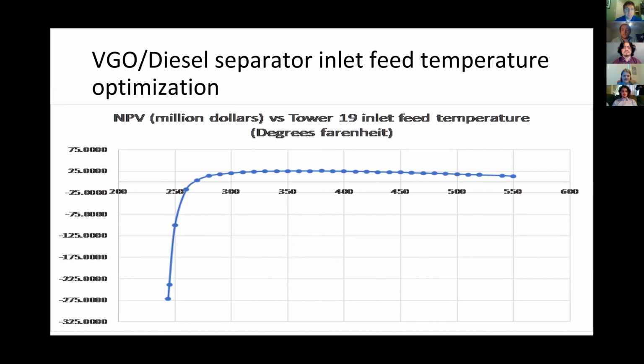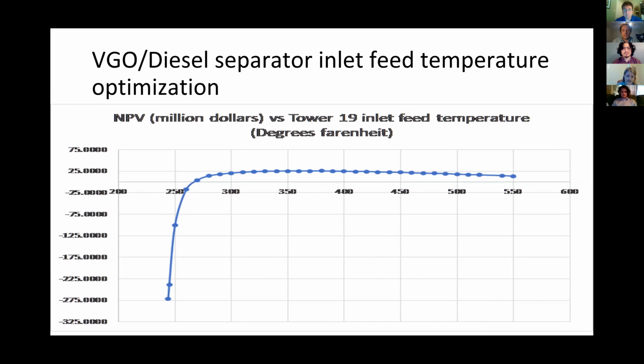And as you can see, this is exactly what we did. We were operating around the 244 degrees Celsius range when we started. And just from looking at that, a tiny bit of variation there would have a pretty large effect on your net present value.